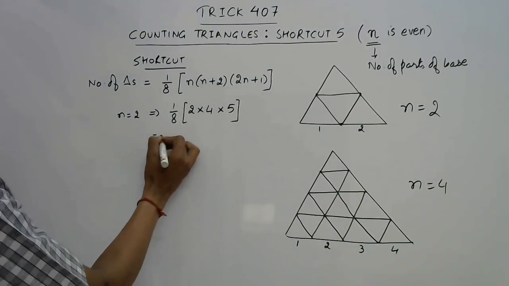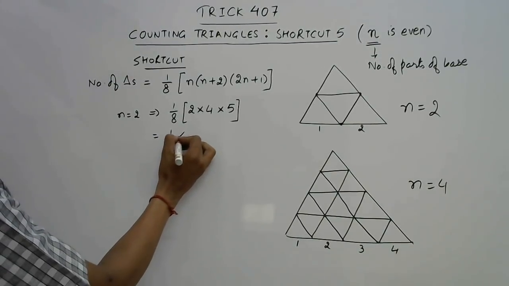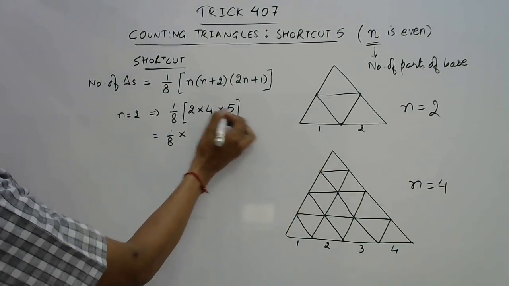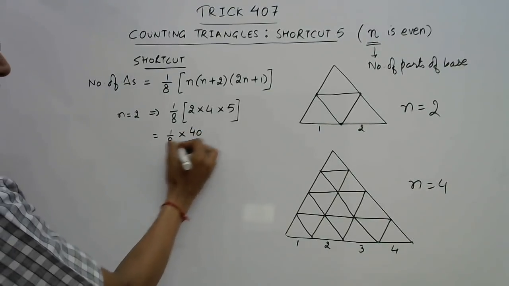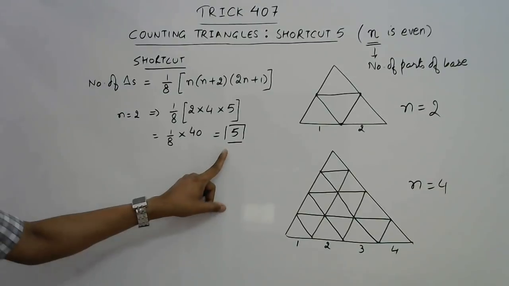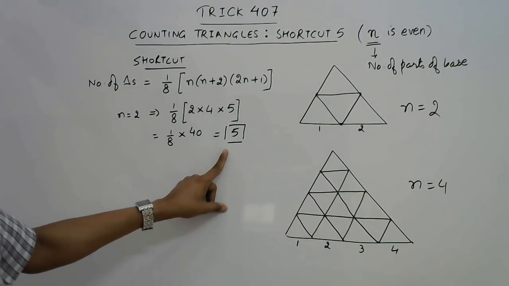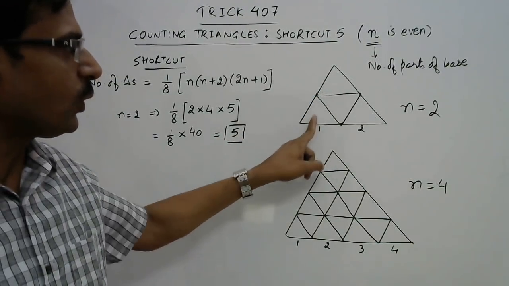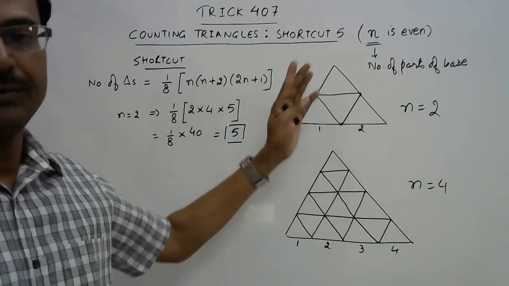So 1/8 of 5 4s are 20, into 2 is 40, so 40 by 8 is 5. So your answer for the first figure is 5 triangles. Now you can see very easily 1, 2, 3, 4 and the last triangle 5.